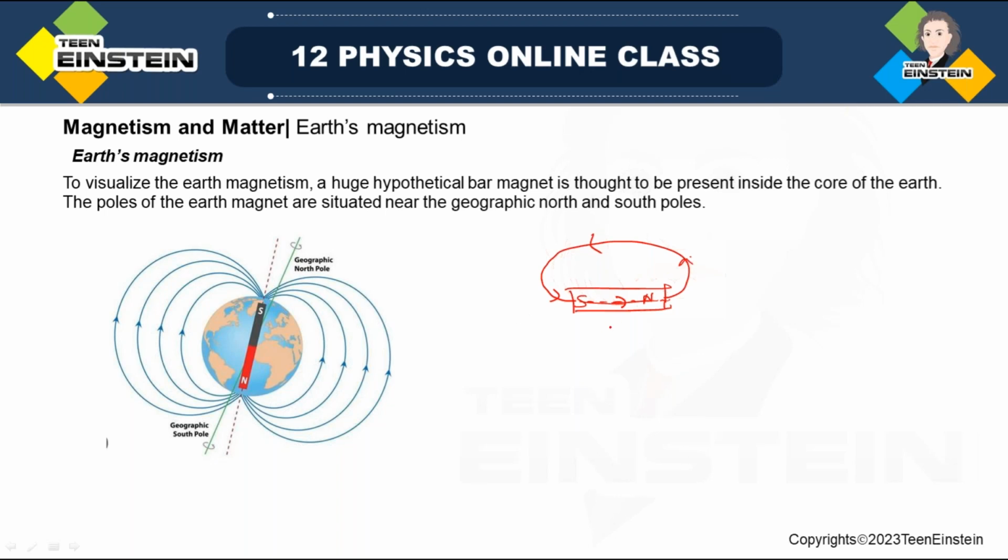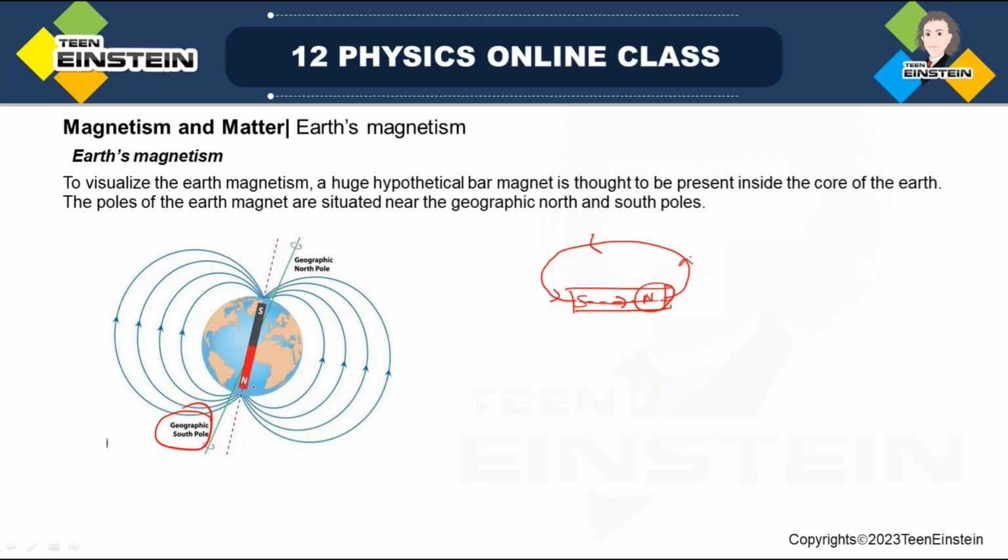This is how it is. The field lines emerge from the north pole. So the field lines due to Earth's magnetic field are also seen to be coming out from the geographic south pole.